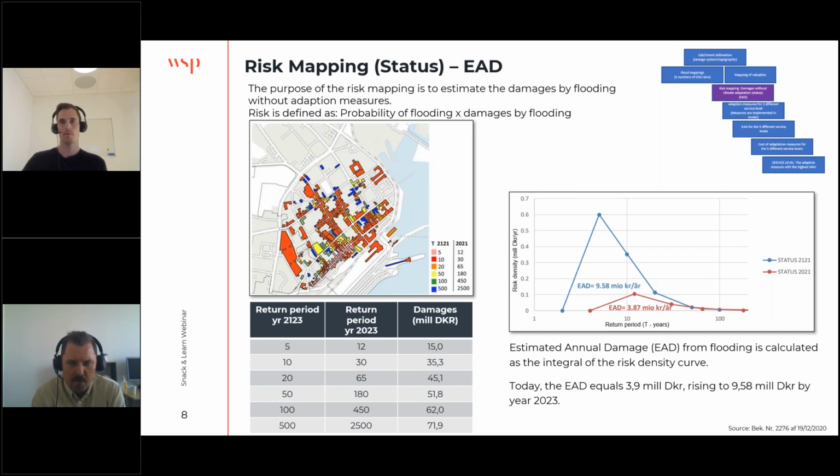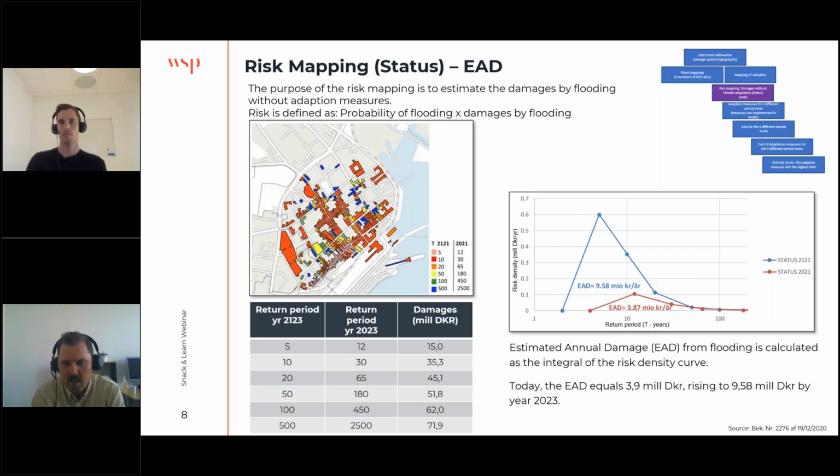Once we have done that for all these return periods, we will also consider that, for example, the 100-year event costs a lot of money when there's a lot of damage whenever this occurs, but it occurs quite seldom. So we have to divide the damages by the return period in order to get to the risk density curve that you see on your right-hand side.